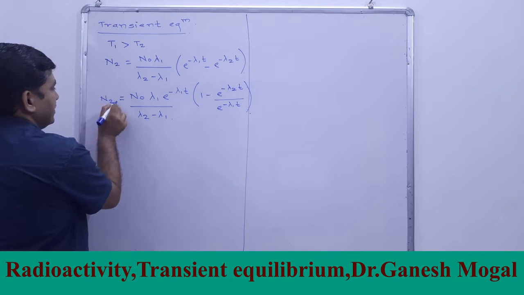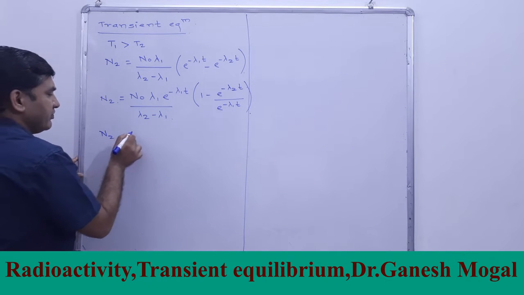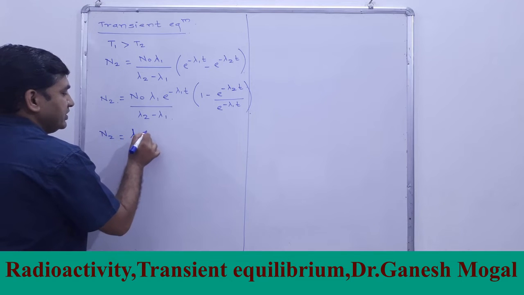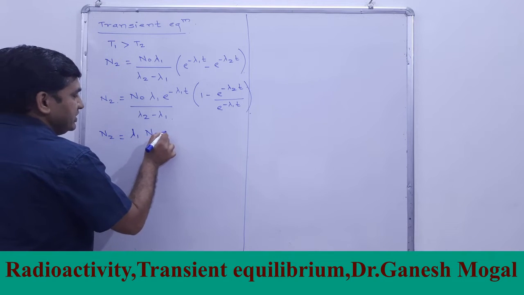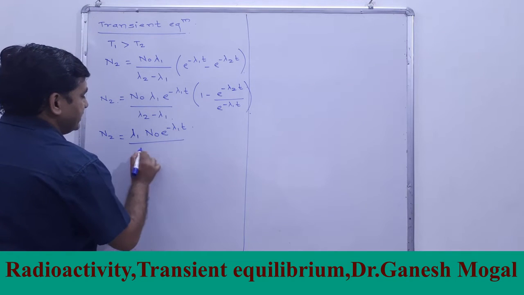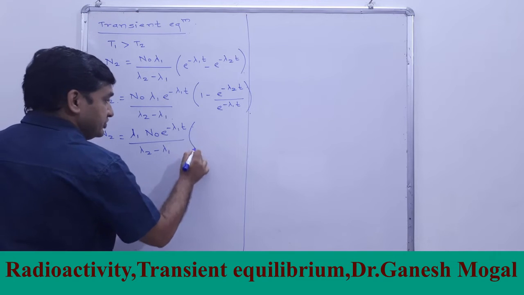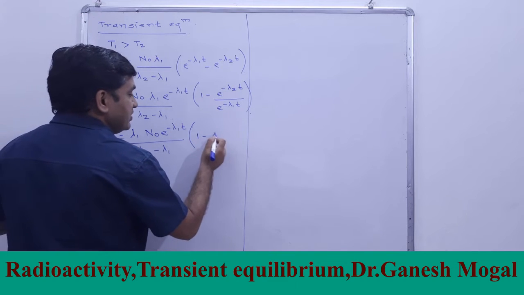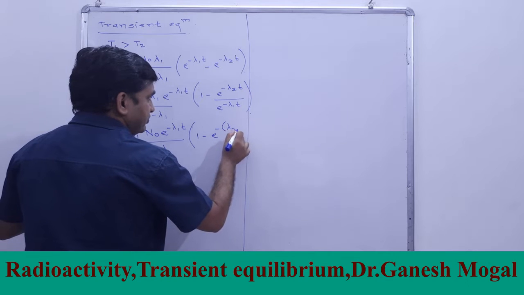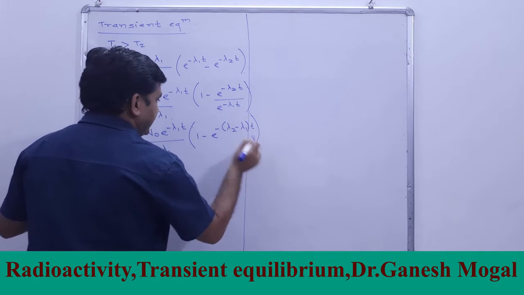Now this can also be written as N2 equal to lambda 1 into N0 e raised to minus lambda 1 into t divided by lambda 2 minus lambda 1, times 1 minus e raised to minus (lambda 2 minus lambda 1) into t.